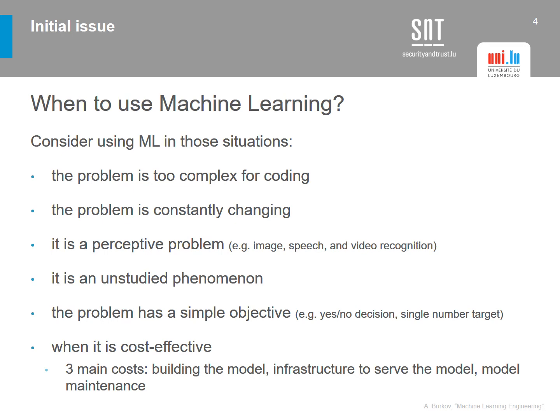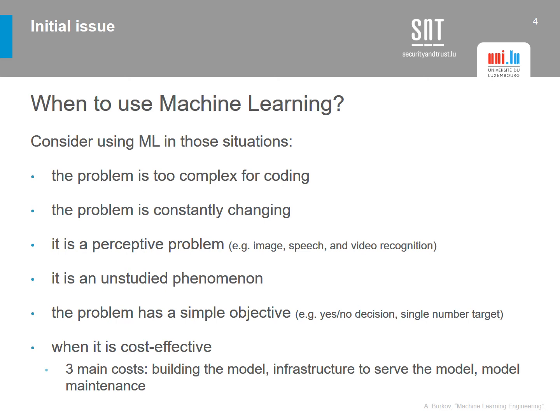Has the data become obsolete now, etc.? So we have to consider these three major costs. And if these three major costs are less than the traditional software development cycle, then we can consider using machine learning.